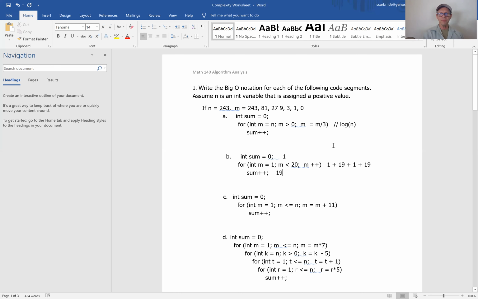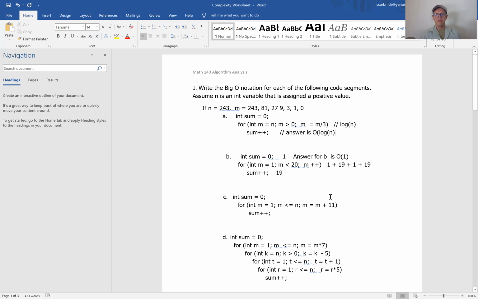Okay, so the answer for B is, and we'd actually write the answer as order 1. And here I'd actually write the answer. It's actually in my solution file. Here the answer is order log of n.